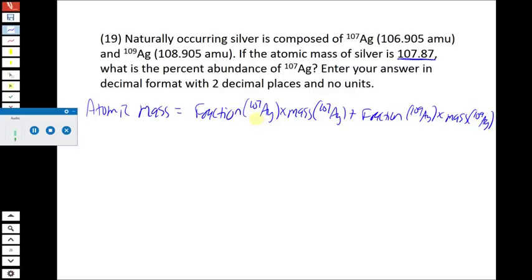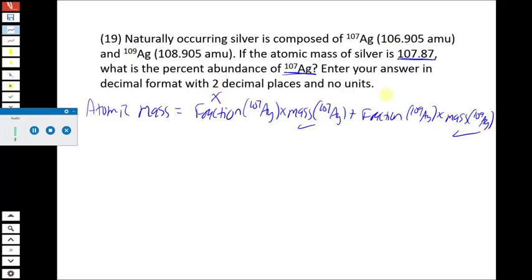All right, so for each isotope, fraction times mass, fraction times mass. What we're looking for here is the percent abundance of 107 silver, but we don't know the fraction or percent of either of them. We know the masses of each of these, so this is all given to us, but we don't know the fractions.